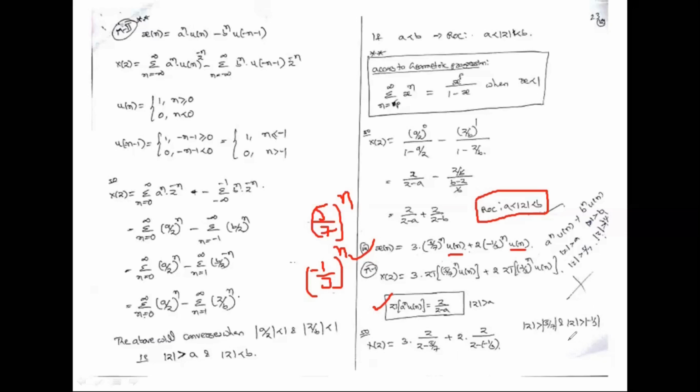And where the overlapping occurs, suppose the z plane is like this. Inside there is z minus 1 by 3, z is greater than that, and greater than 5 by 7. So 5 by 7 and the minus 1 by 3, where it is an overlap, you can see that one. Where it is an overlap, that overlapping range only is the ROC. Okay.